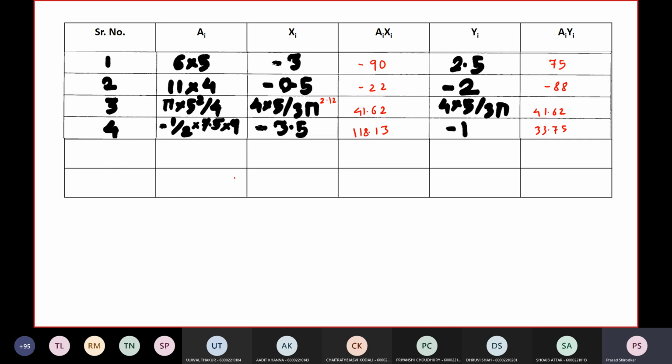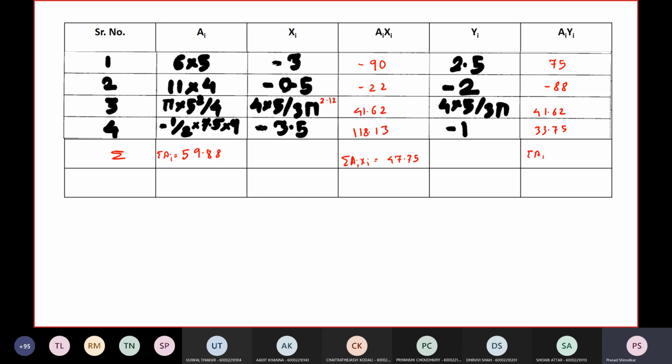Summation of Ai xi, summation Ai, summation of Ai yi.